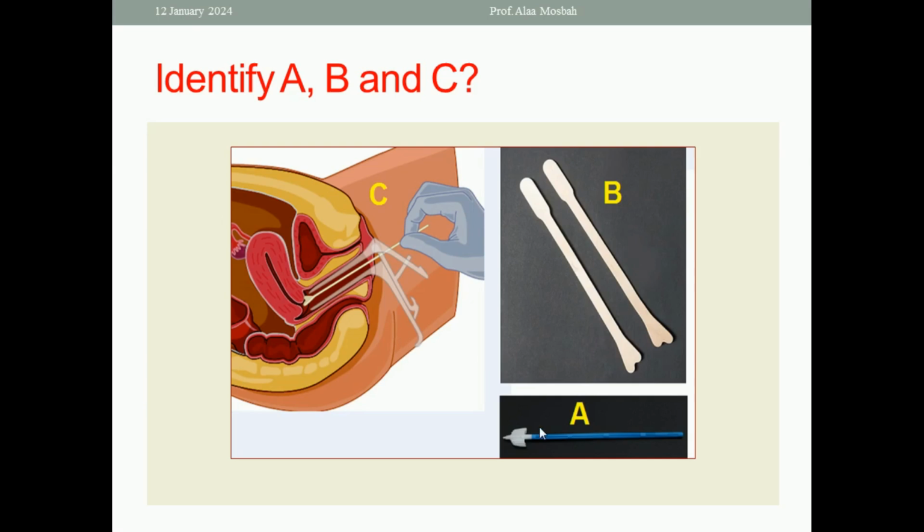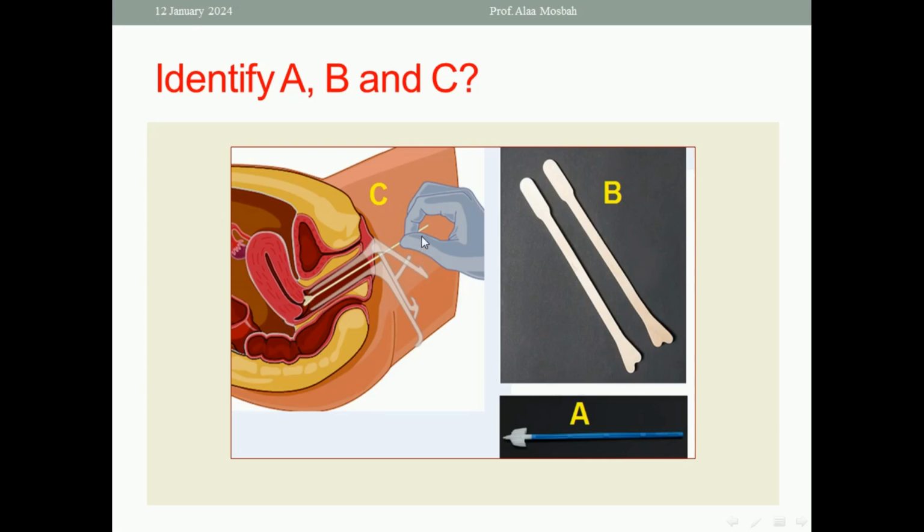We use either the cytobrush or Ayre's spatula. First insert a clean speculum without antiseptic or any other solutions or gel, so as not to affect the smear. After insertion of a Graves speculum, a self-retaining speculum, exposure of the external os is good.